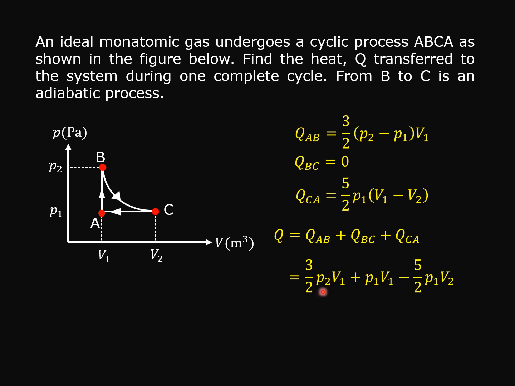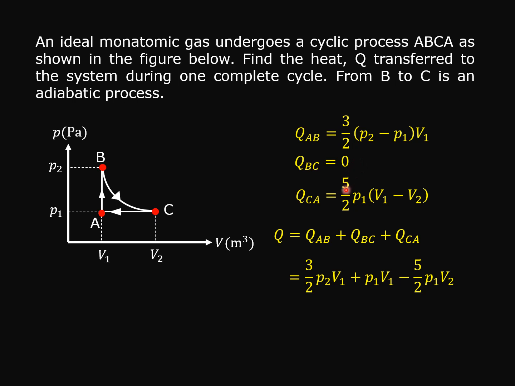So we substitute, and we'll get this 3/2 P2 V1, which will give us the first term, and 3/2 P1 V1, which is negative, can add up with this 5/2 P1 V1, which is positive, to get the second term, which is the P1 V1.